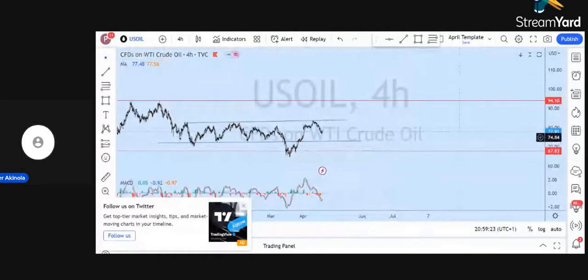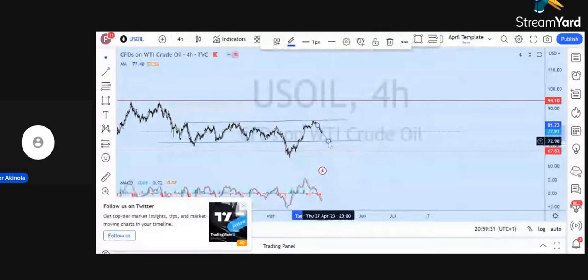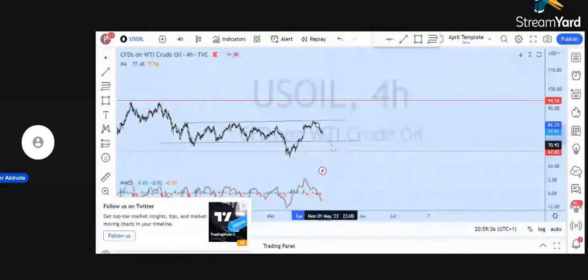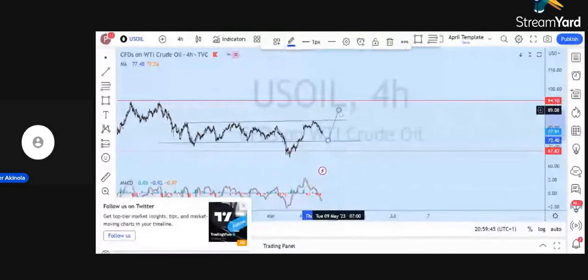So let price get to where it's going and let's see what it's probably doing. But if you ask me to guess, this is what we are likely going to see. Price comes back here, then we see it go back up, break out, retest, and then up we go.